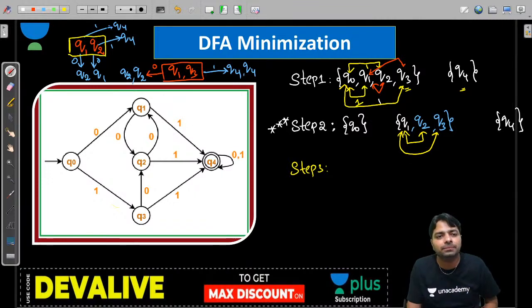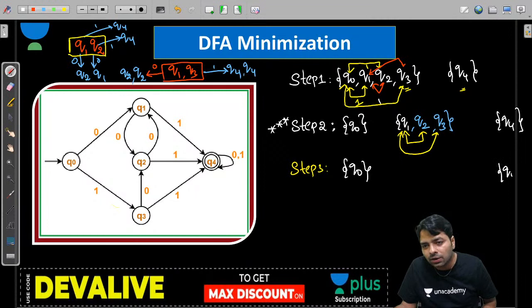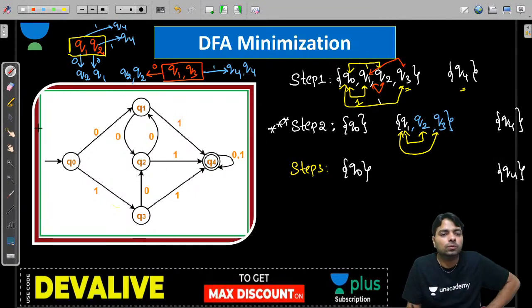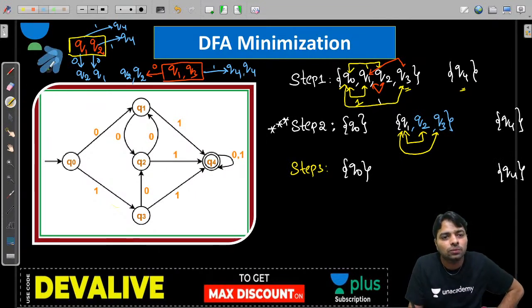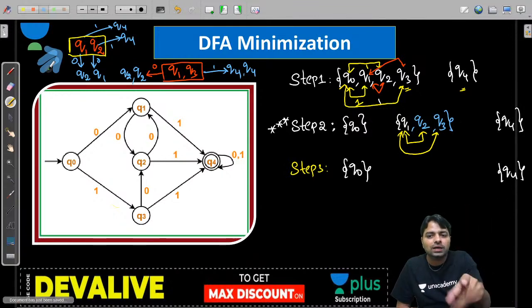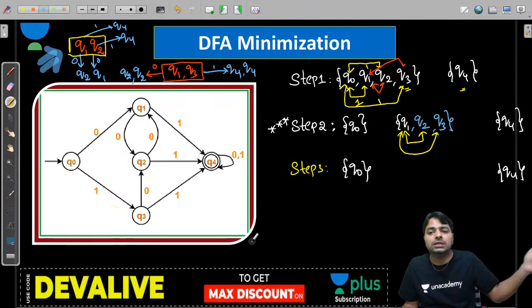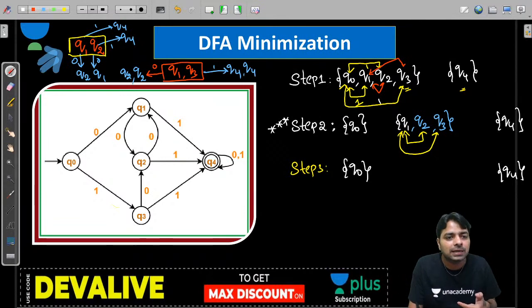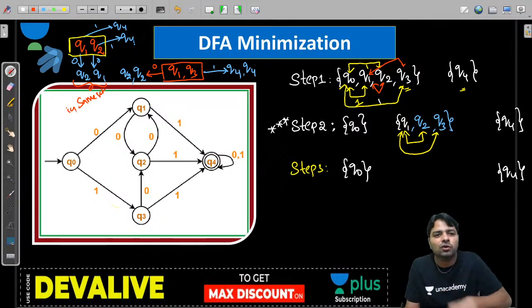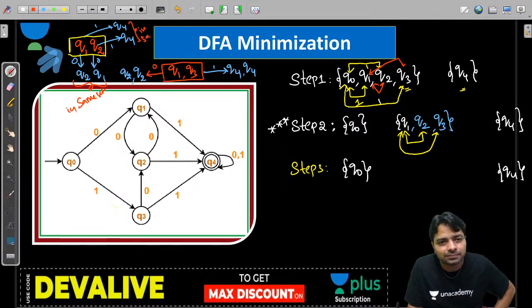Q1, Q2, check again. Okay, Q0 is alone, don't compare with anyone. Q4 is alone, don't compare with anyone. Q1, Q2: when I compare Q1, Q2 on 0, Q2, Q1 are in the same set, as you can see in step 2. In step 2, they are in the same set. And Q4, Q4 always in the same set.